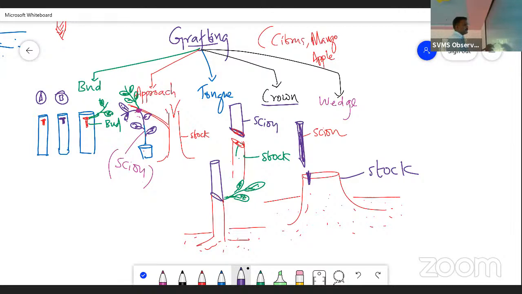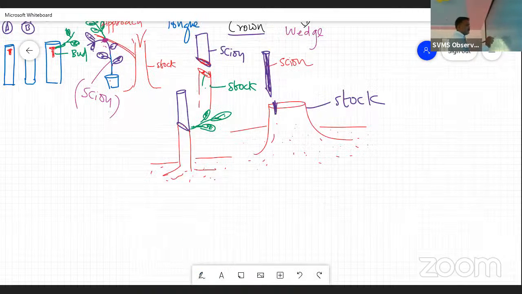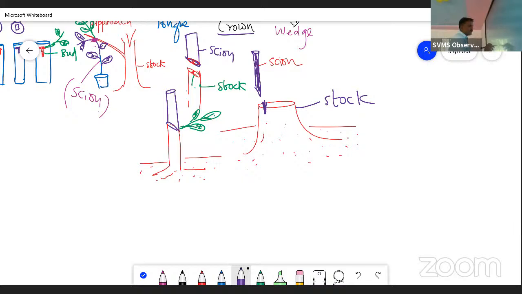This is a scion. A scion is a piece of wood, a piece of plant part.